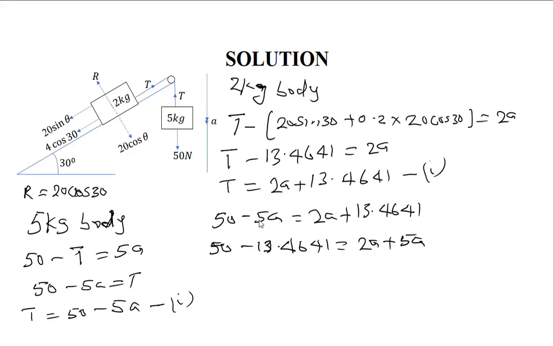So 50 minus 13.4641 gives us 36.5359, equal to 7a. Divide both sides by 7, so our a will be 5.2194 meters per second squared. Alright, so we've gotten the acceleration with which the system moves.